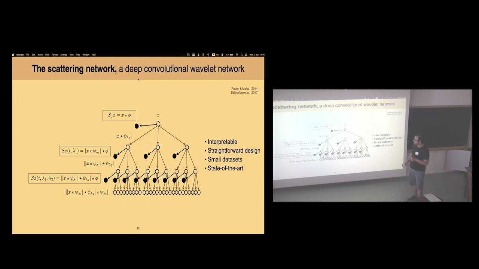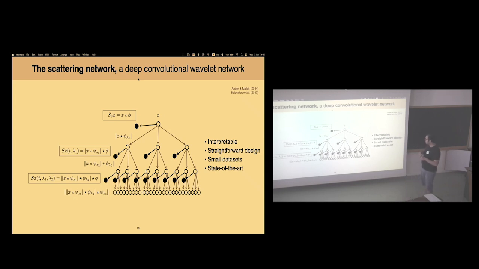And we do it again, applying the wavelet transform on the absolute value of the signal and the wavelet transform. So we take two wavelet transforms of the signal in the second layer, and again extract some information from it.